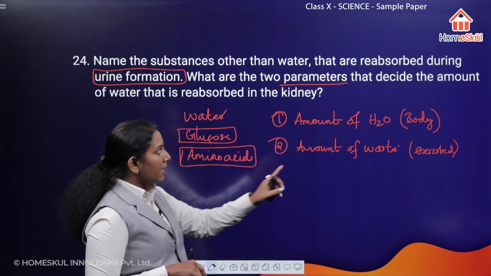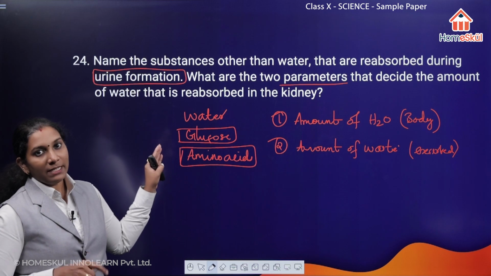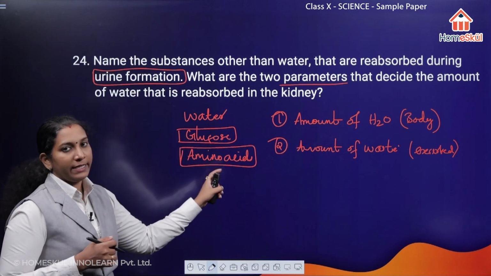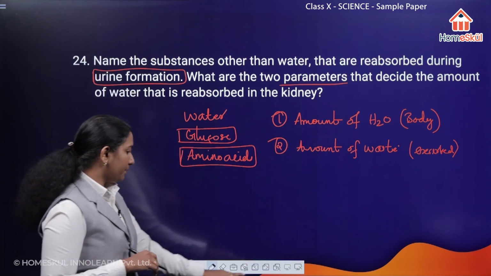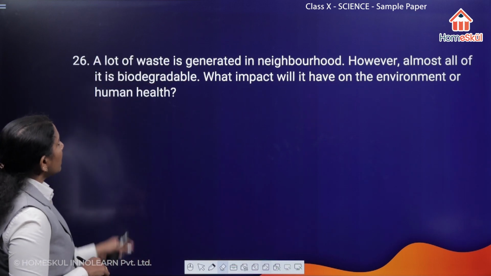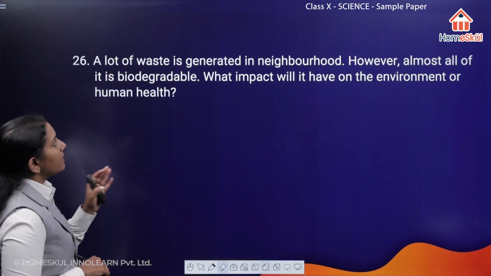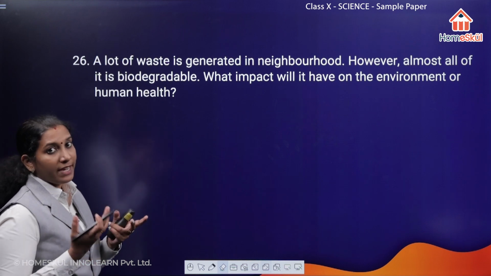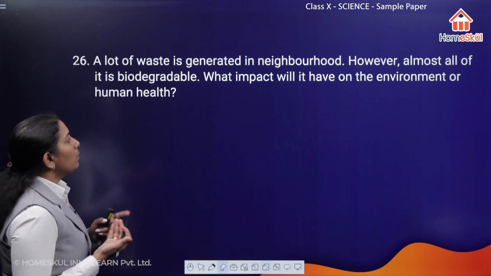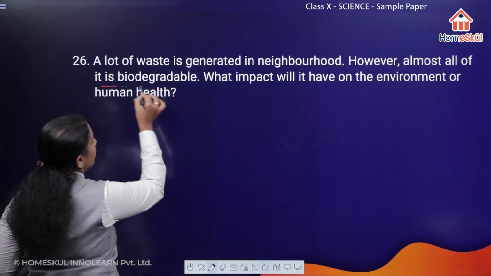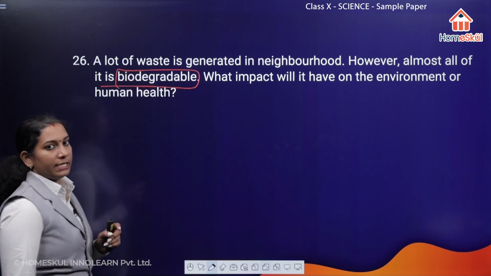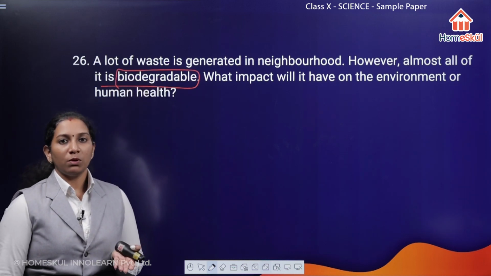These are the two parameters, and the elements that are being reabsorbed are glucose and amino acids along with the water content. Then, a lot of waste is generated in the neighborhood. However, almost all kinds of waste are biodegradable waste materials. What are biodegradable waste materials?